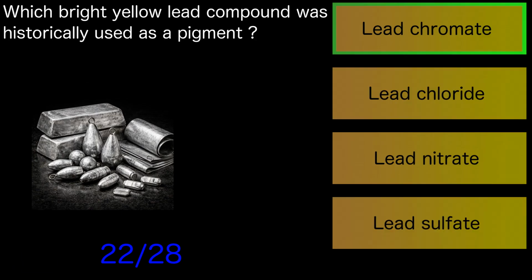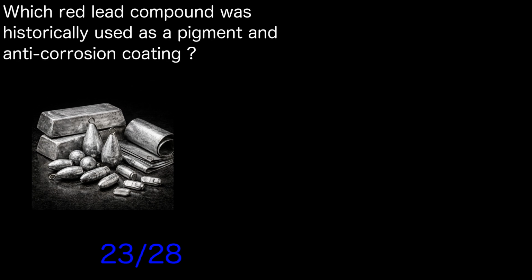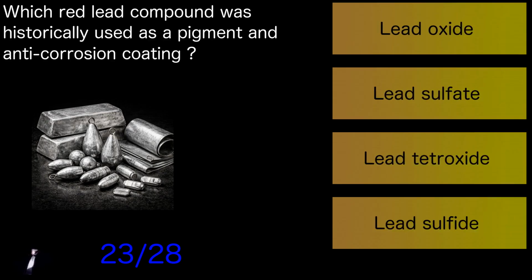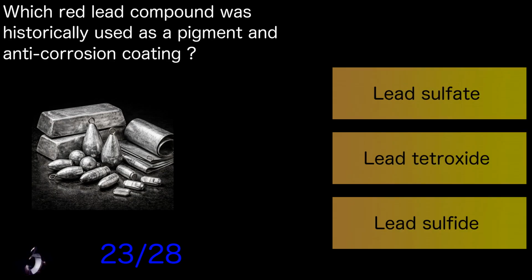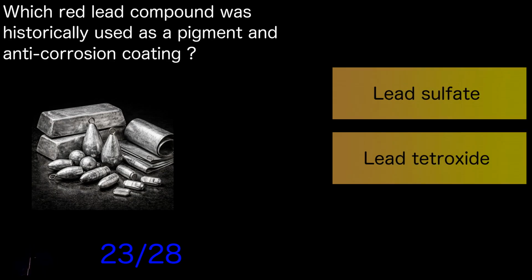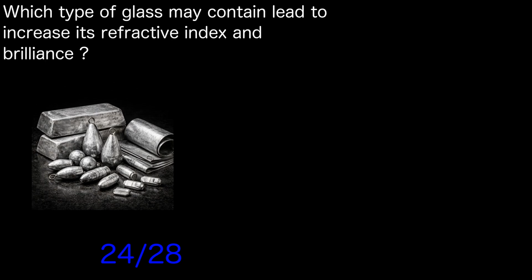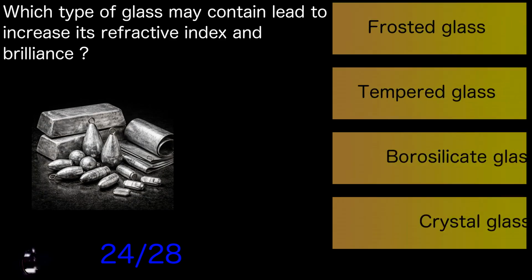Lead chromate. Which red lead compound was historically used as a pigment and anti-corrosion coating? Lead tetroxide.